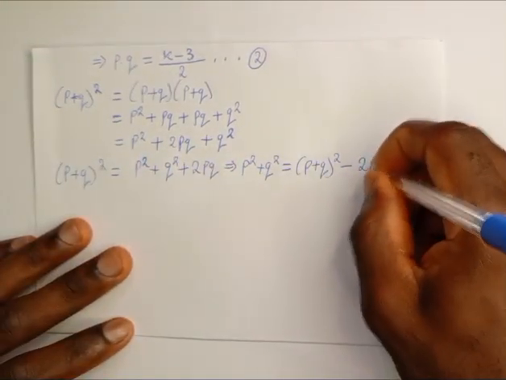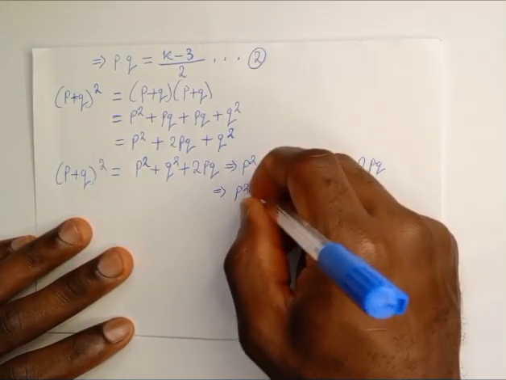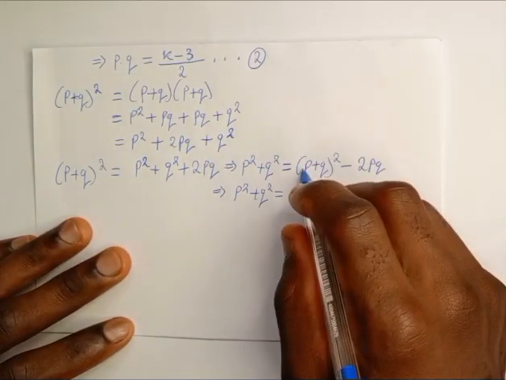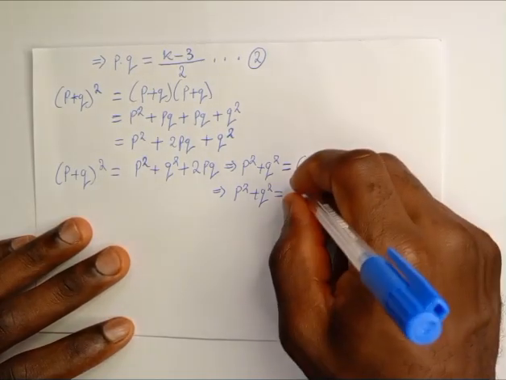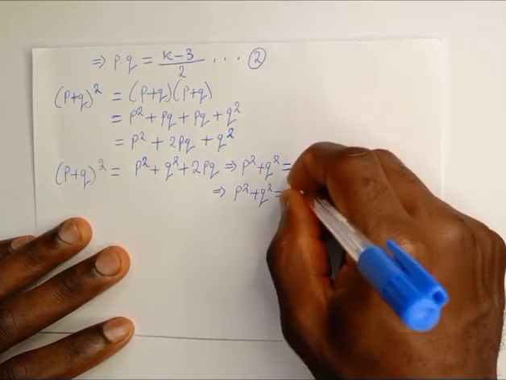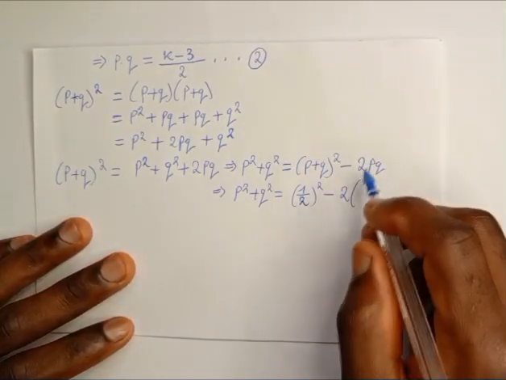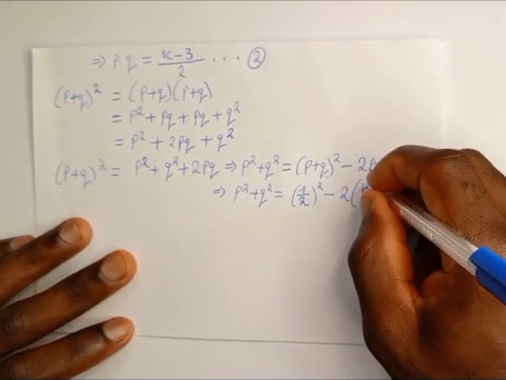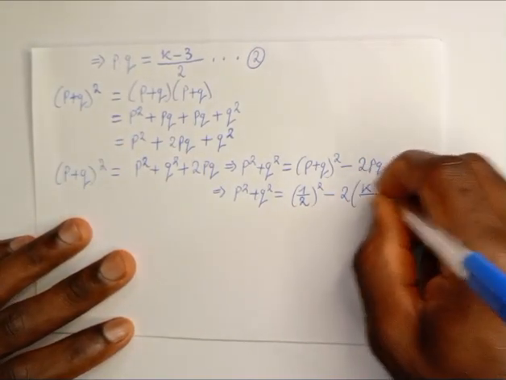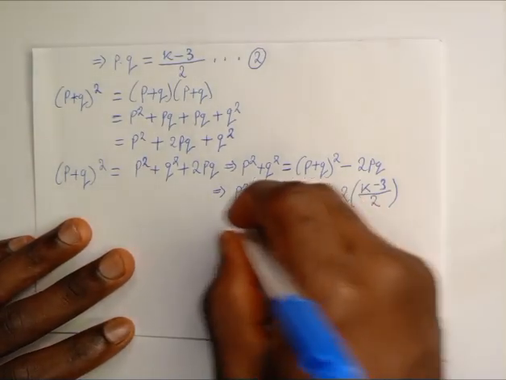Then p plus q is equal to a half, so we replace it with a half. This will give us a half squared minus 2 times pq, where pq is equal to k minus 3 over 2. This is what we are going to obtain.